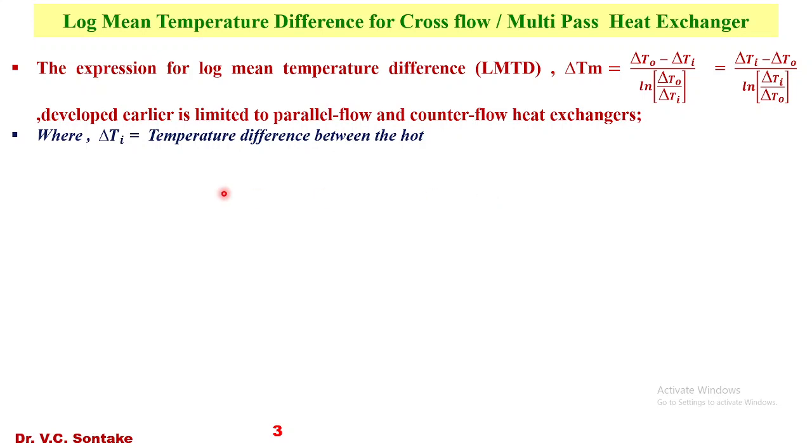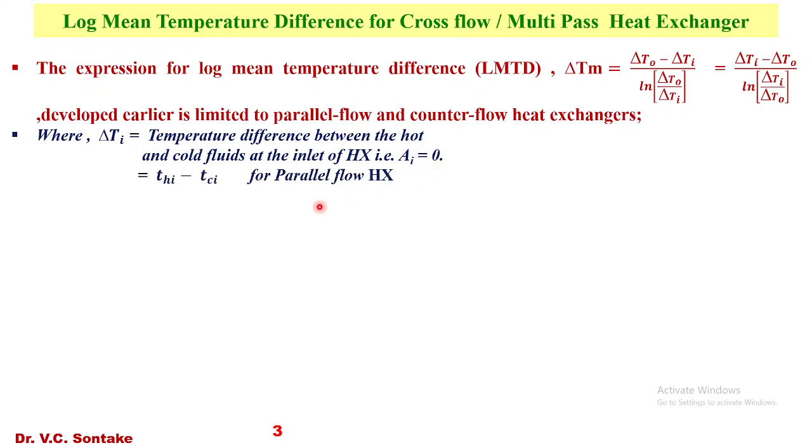In this expression, delta Ti is temperature difference between the hot and cold fluids at the inlet of heat exchanger, that is area is 0. This delta Ti can be given as Thi minus Tci for parallel flow heat exchanger, where H represents hot fluid, C represents cold fluid, I represents inlet, and equal to Thi minus Tco for counter flow heat exchanger.